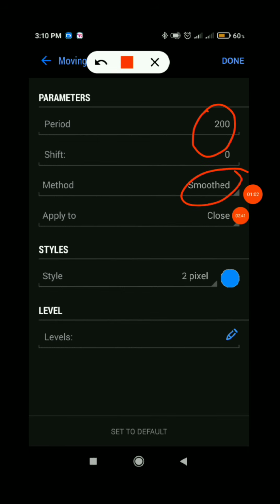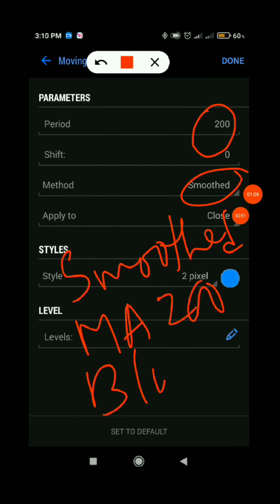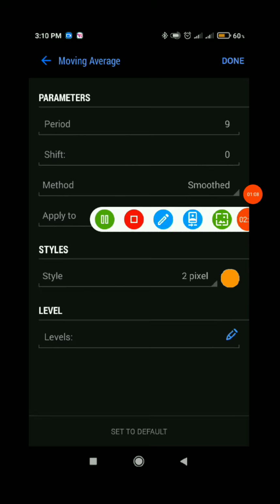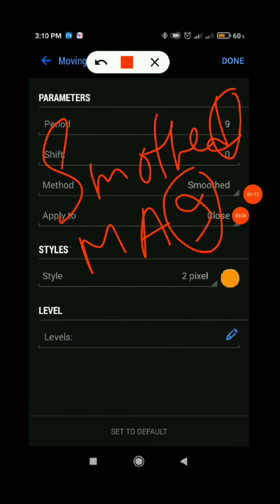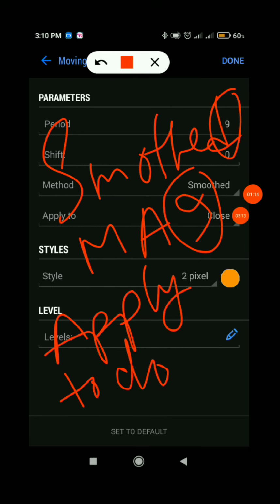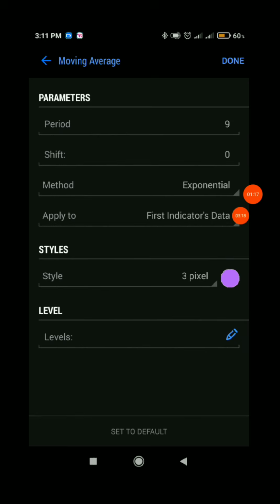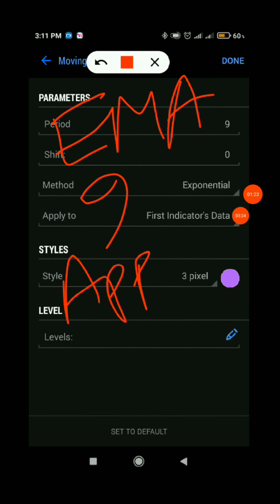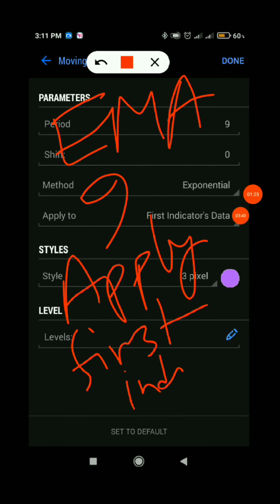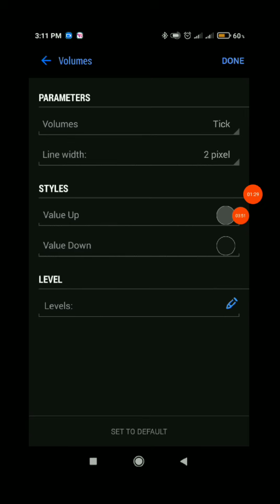It is a 200 small moving average applied to close, blue color, and on the same window you have to take a 9 small moving average applied to close, orange color, and you have to take a 9 exponential moving average applied to first indicator's data, violet color.